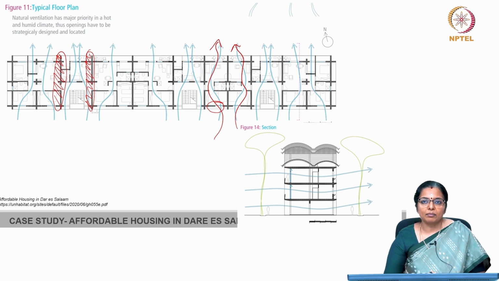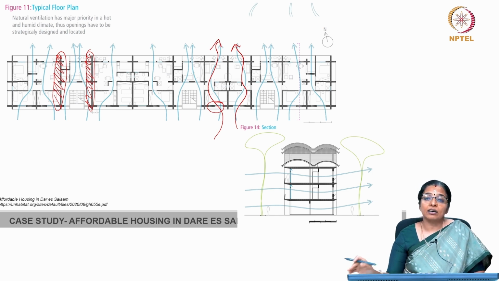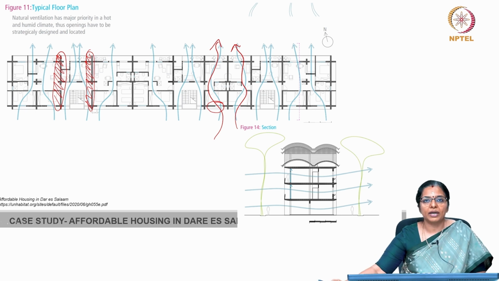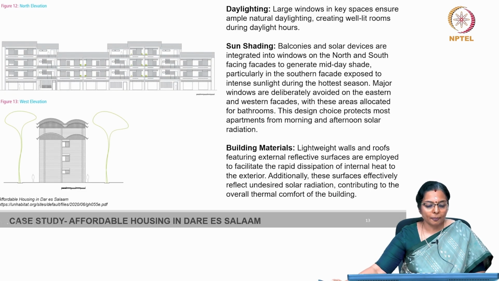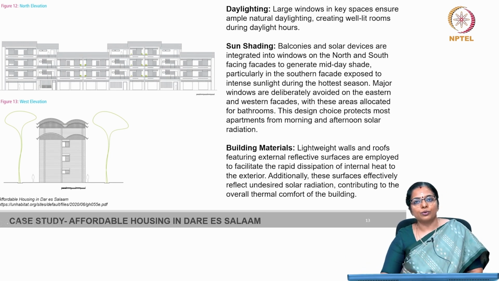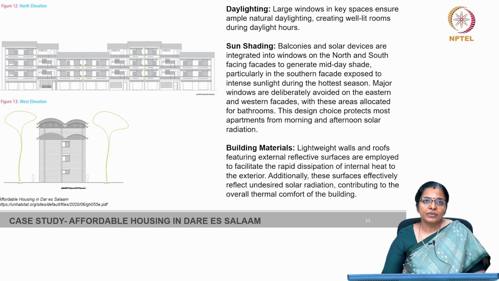These design elements collectively contribute to a well ventilated and comfortable living environment. So, these houses also have daylighting, very well lit houses because there are lots of openings. The balconies are well shaded.